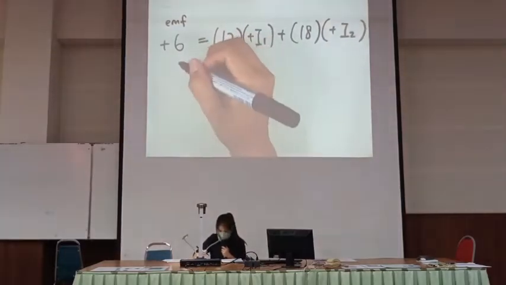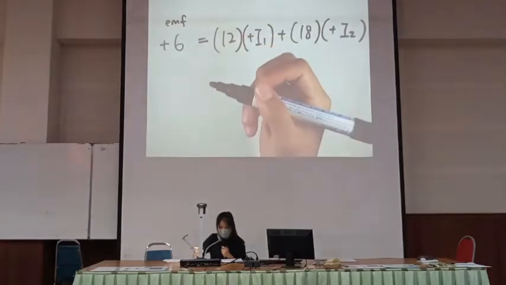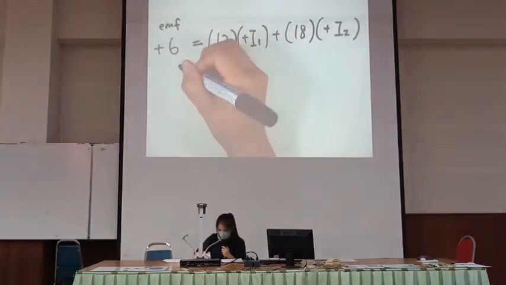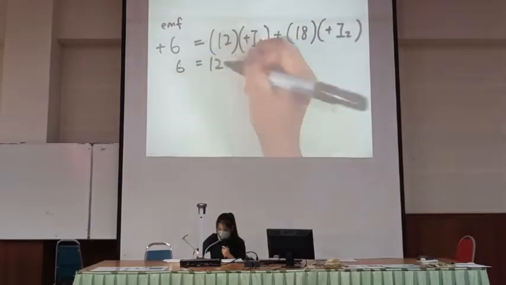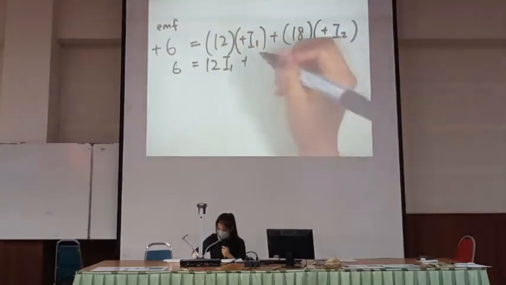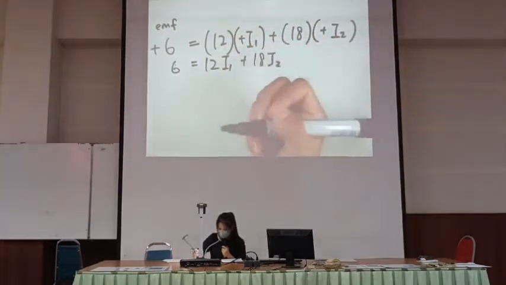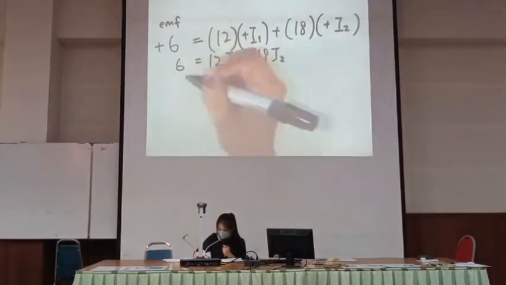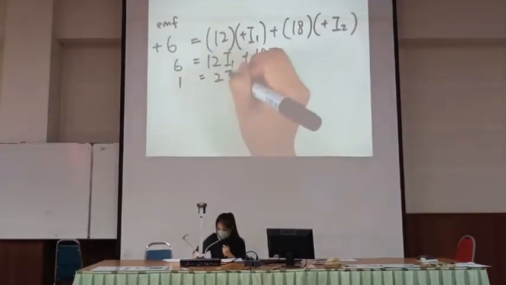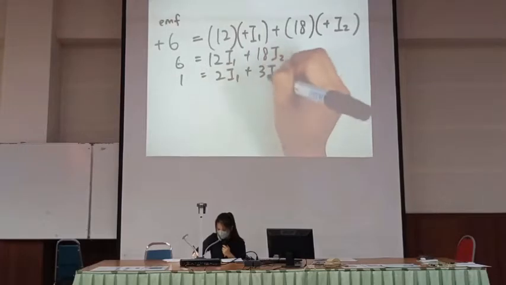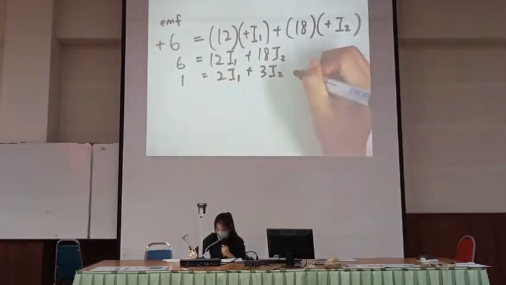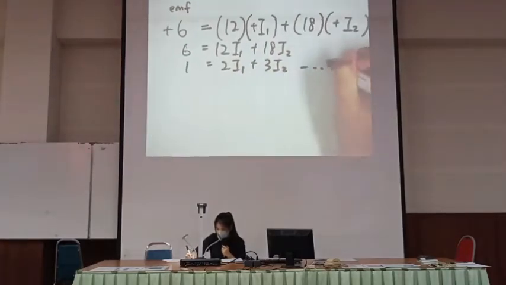Then we simplify the equation. 6 is equal to 12 I1 plus 18 I2. So 1 is equal to 2 I1 plus 3 I2. This is second equation.